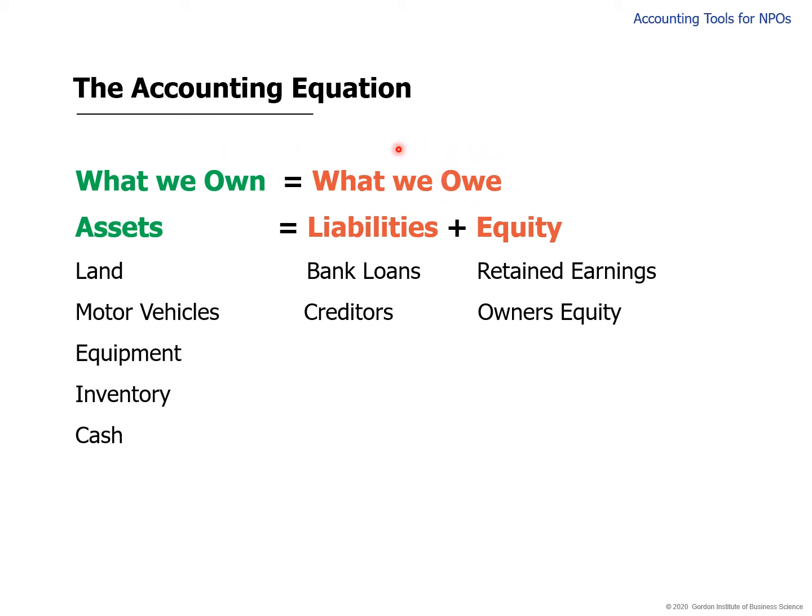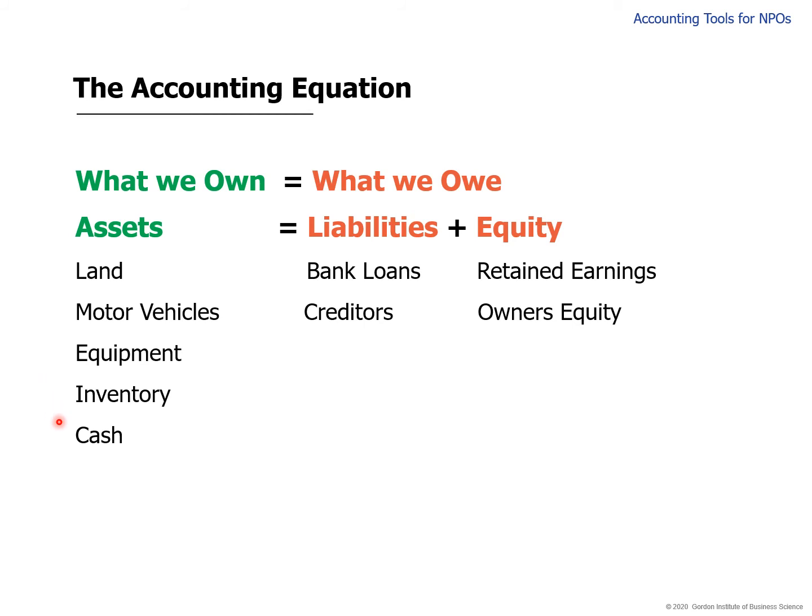According to the accounting equation, everything we own is owed to someone. From an accounting perspective, the fancy word that we use for the things that we own is assets. Assets, for instance, could be things like land, motor vehicles, equipment, inventory, and cash that we own.